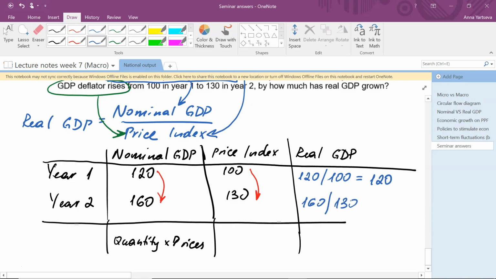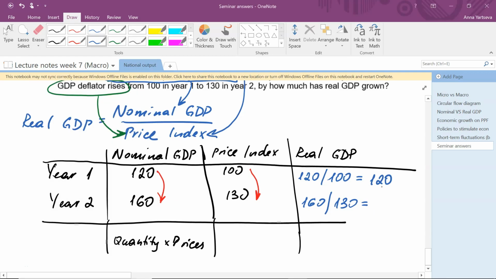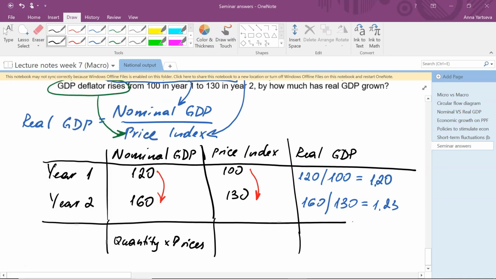And we divide this by price index, which is 130, which is going to be equal to, calculator, 160 divided by 130, which will be 1.23. Now we need to calculate the rate of change. So we can see that the actual increase in our real production is not that significant. It's an increase from 1.2 to 1.23.